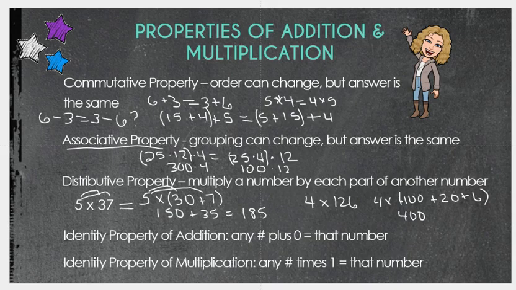I'll make my little arrows here. 4 times 100, then 4 times 20, and then 4 times 6. 4 times 20 is 80, and 4 times 6 is 24. So 400 plus 80 is 480, plus 24 is 504. And that is the distributive property.